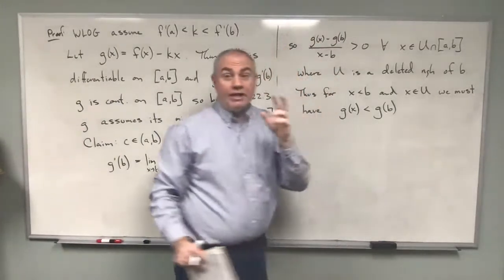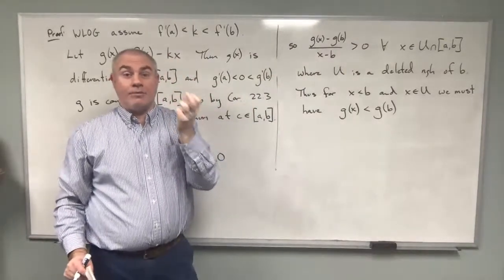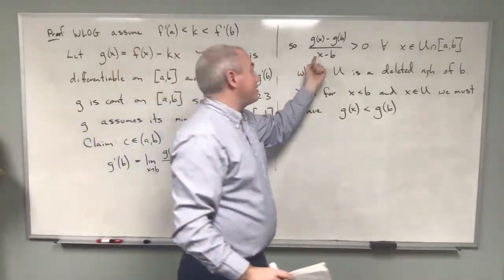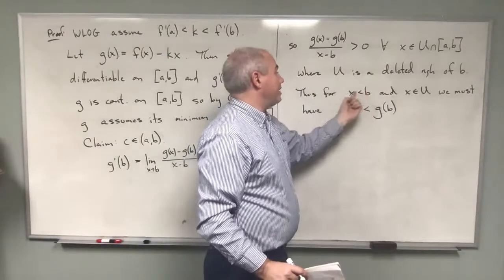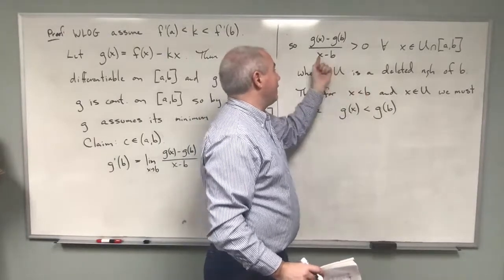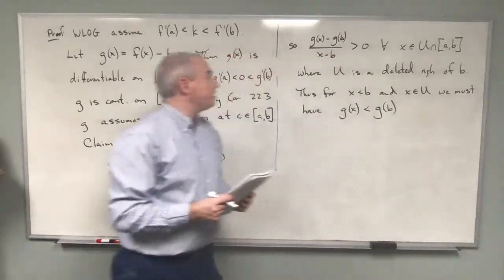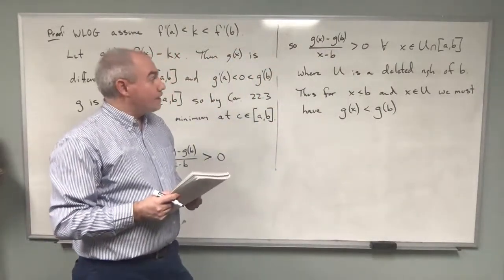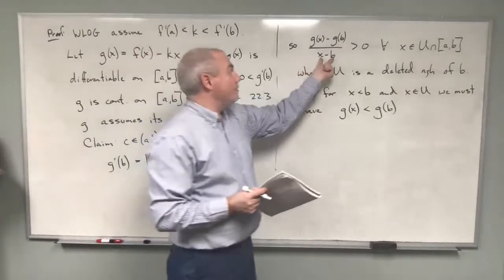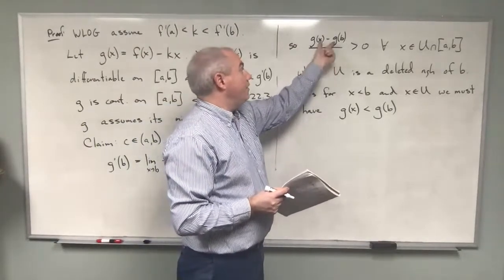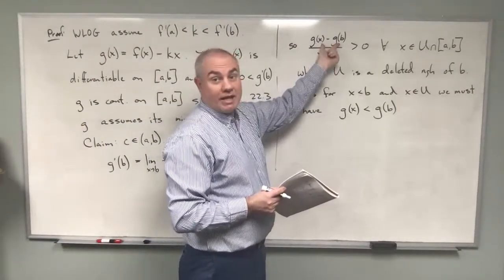If you're in that deleted neighborhood and you're in [A, B], x is to the left of B, so x is less than B. So B's bigger, so this bottom is negative, which means this also must be negative.